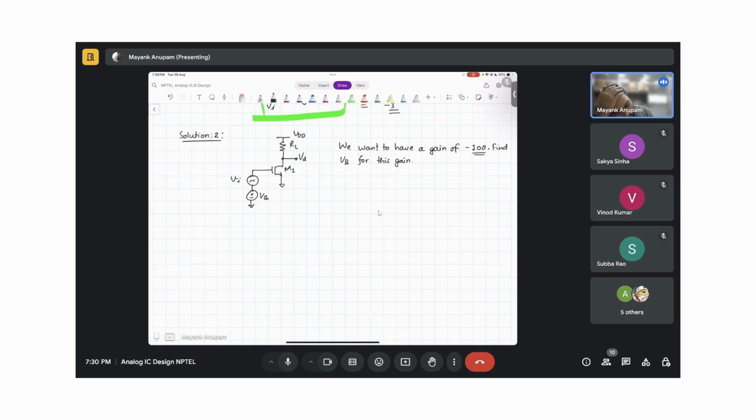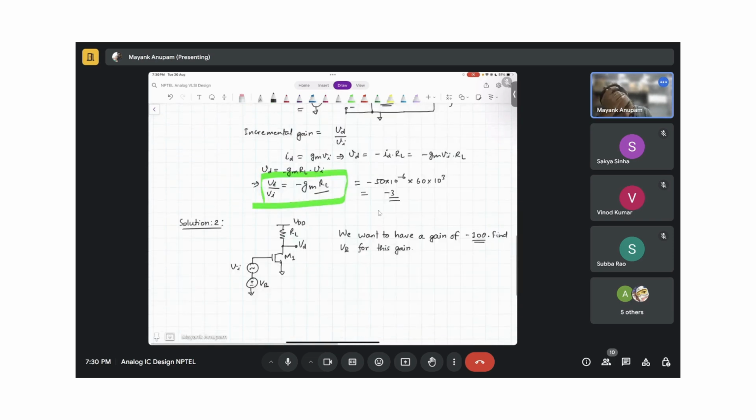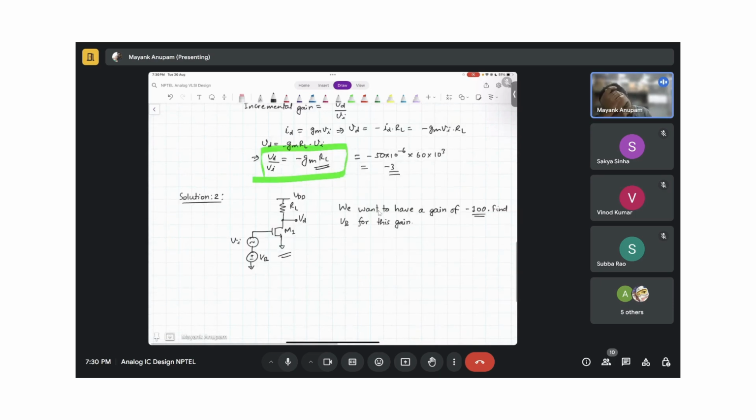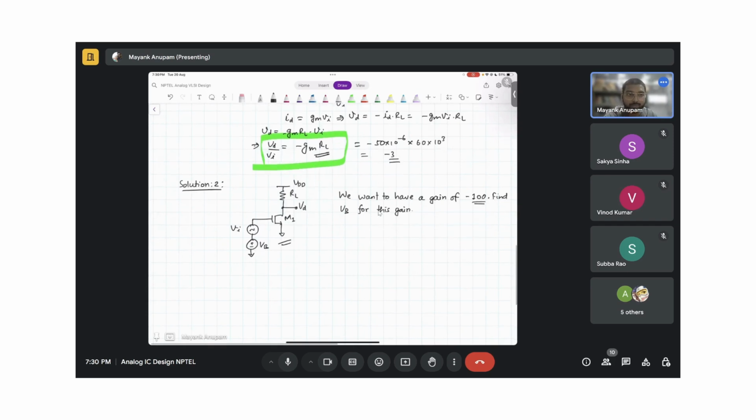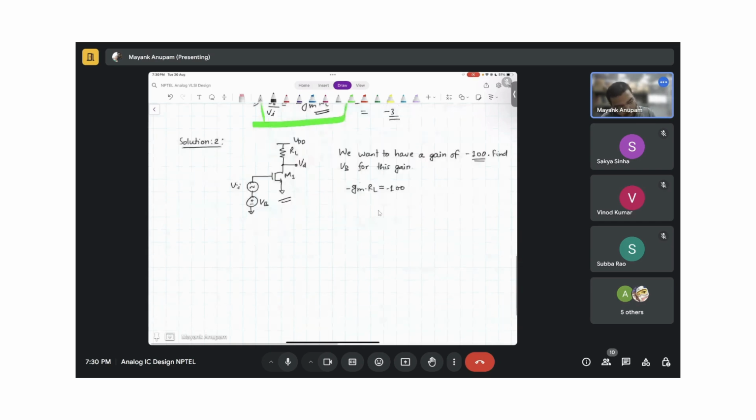I already saw that the incremental gain in this kind of circuit is minus GM times RL, right? So minus GM times RL has to be equal to minus 100. So from there I know what GM is going to be, because RL I know already.